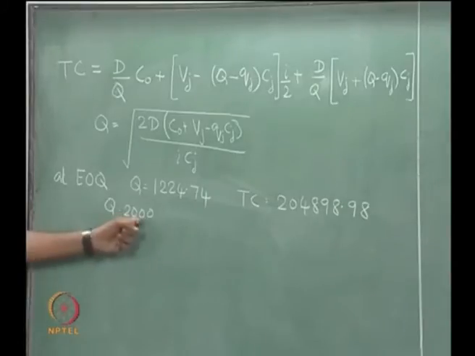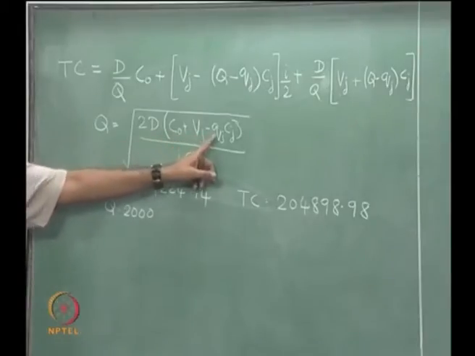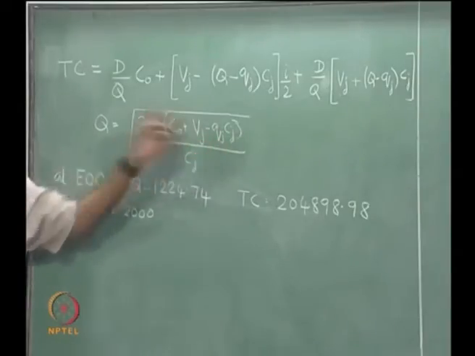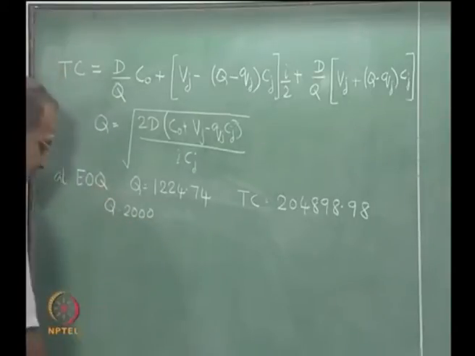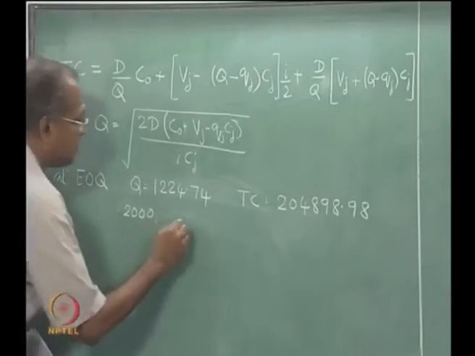For example, at 2000, if I had not availed the marginal discount, I would have paid 20 rupees. If I avail the marginal discount, I pay 19 rupees. Therefore, 2000 into the balance 1, that is our Vj minus Qj Cj.